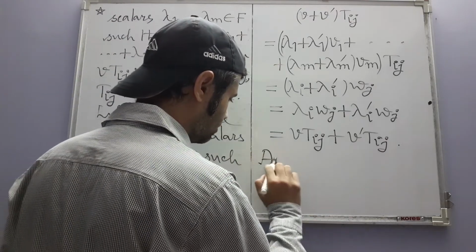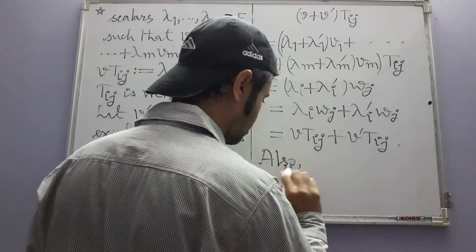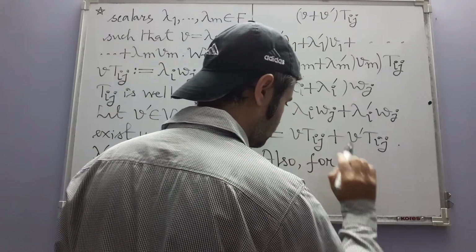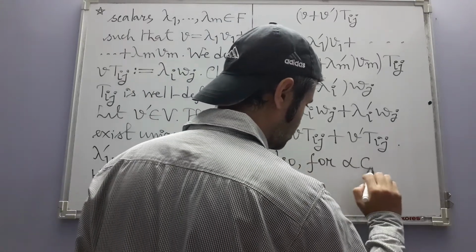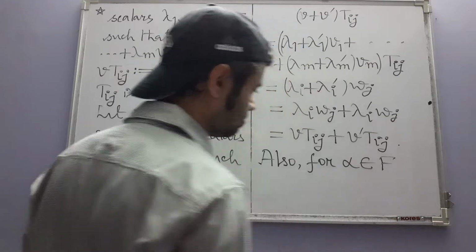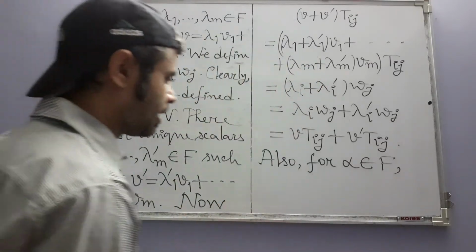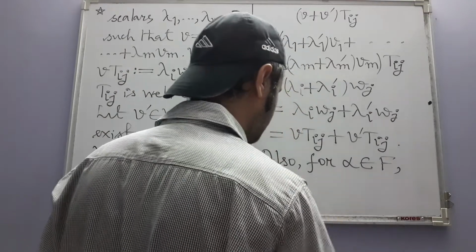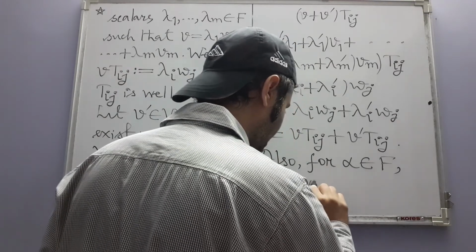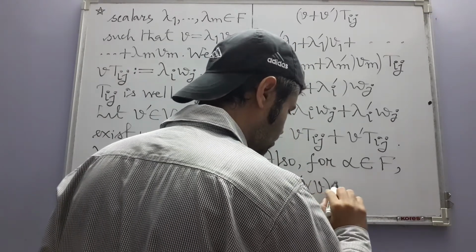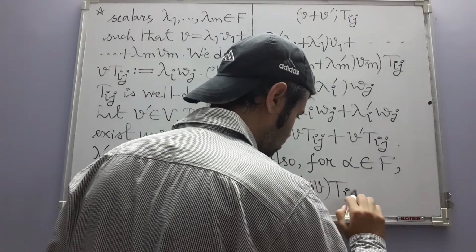Now next we look at scalar multiplication also. Let's take some scalar alpha belonging to F. Another such calculation will now be carried out. Tij of alpha v.